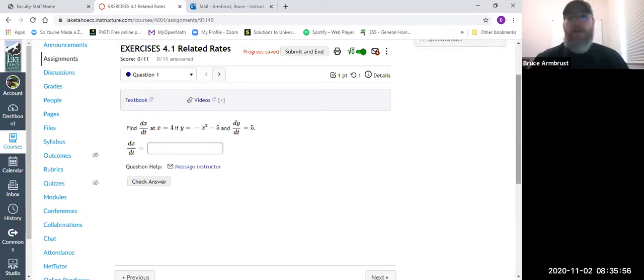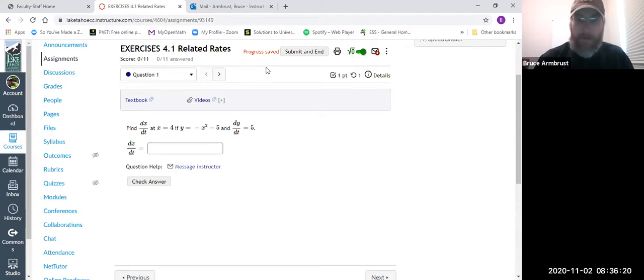Since we're looking for dx/dt, we're going to want to differentiate with respect to t. So this is implicit differentiation. We just have to make sure that we implicitly differentiate each side of this equation. And then we'll just put in the values that we're given and see what we find.